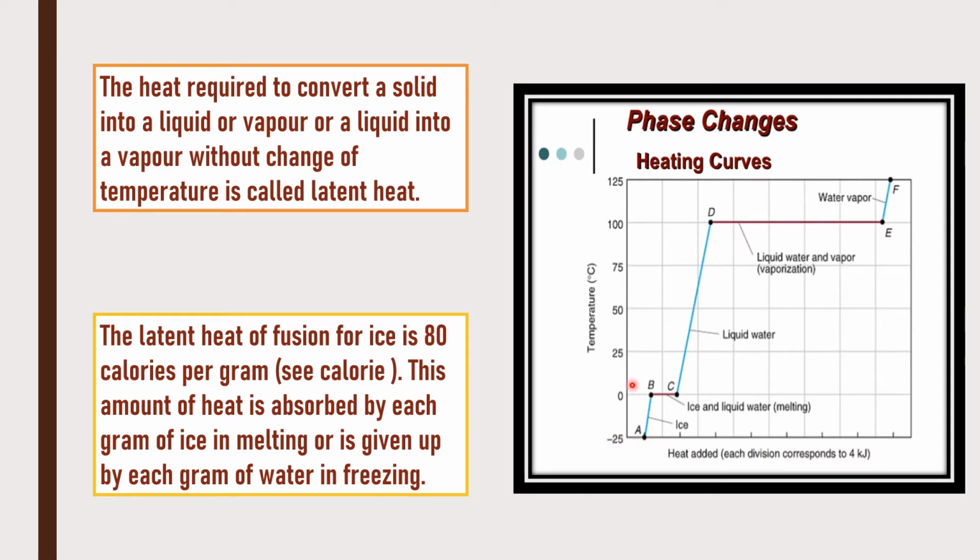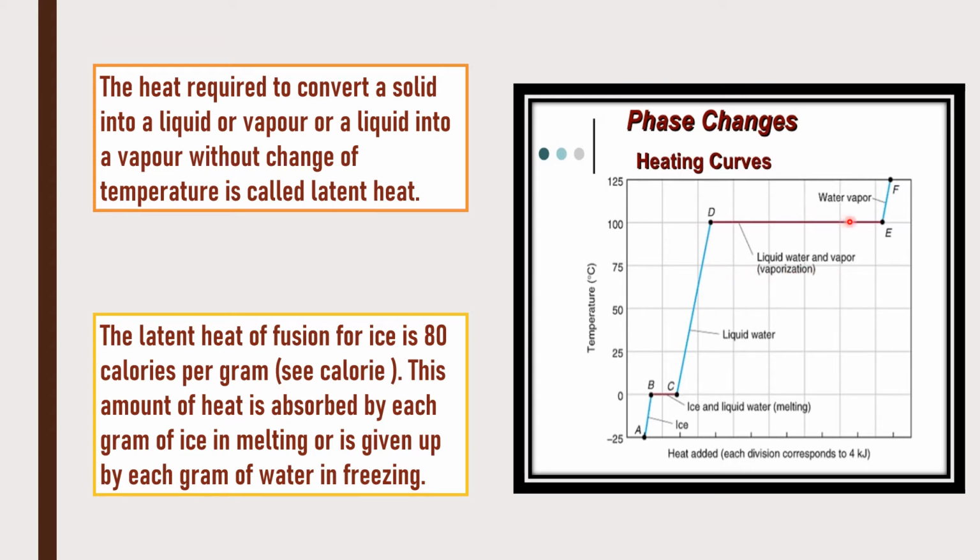Here, this is ice, and this is ice and liquid water melting. See the temperature. Temperature is constant, that is 0 degrees Celsius. After that, again temperature changes occur, liquid water, and it reaches the boiling point of water, that is 100 degrees Celsius. So again at 100 degrees Celsius, liquid water and vapor, that is vaporization occurs.